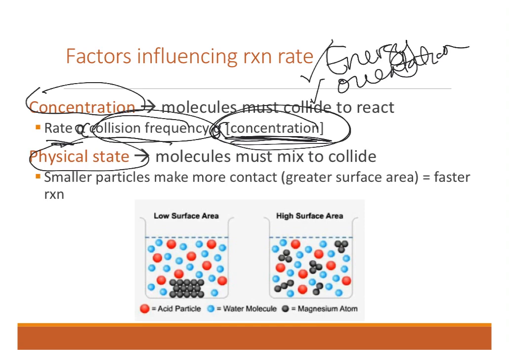The physical state is also important. That's why most chemical reactions take place in solution. They're both in the same physical state in solution, so they're more likely to interact and collide with each other. There are actually some reactions that occur with two solids. You can shake the solid particles together.